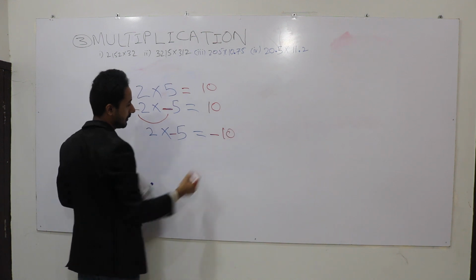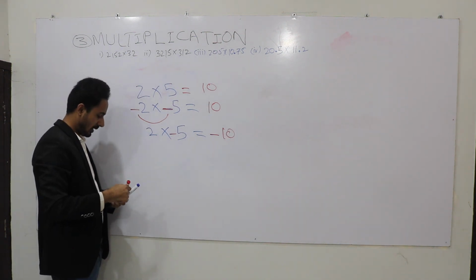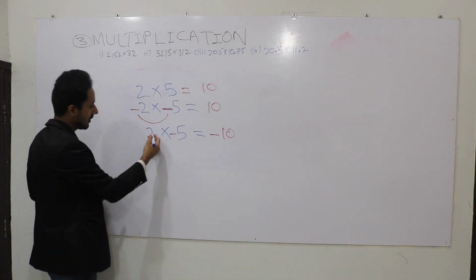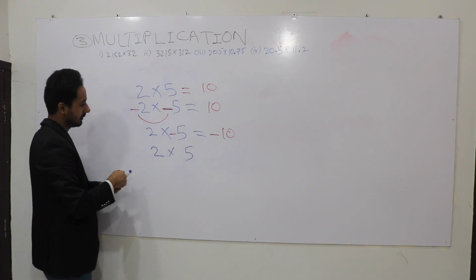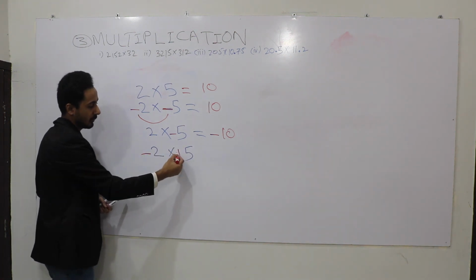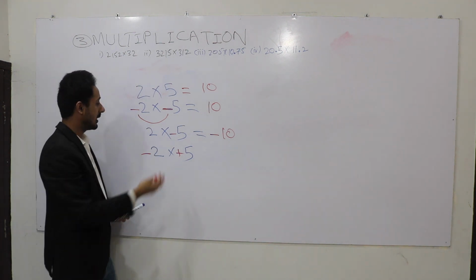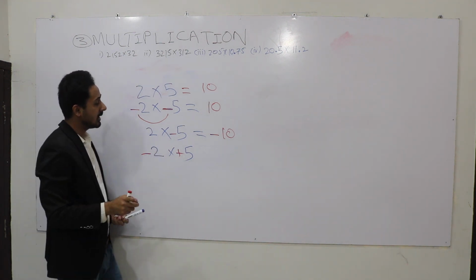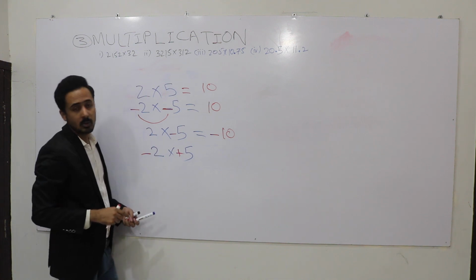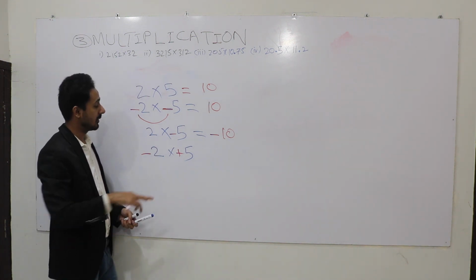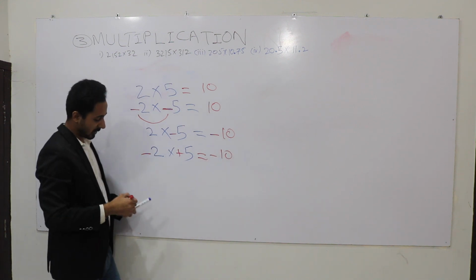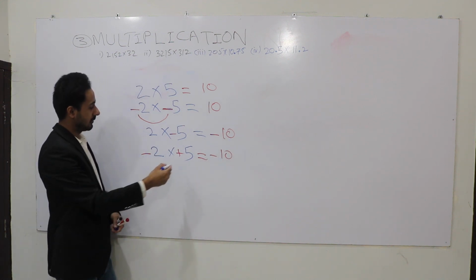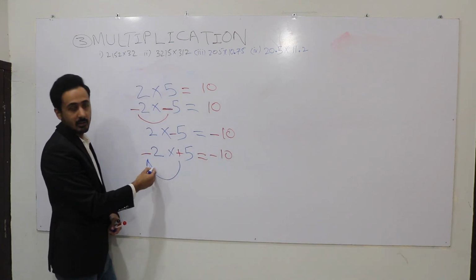Negative. And if this 2 is negative and this 5 is positive, that doesn't matter. If any one of these two numbers is negative and any one is positive, the answer will be negative because of opposite signs.